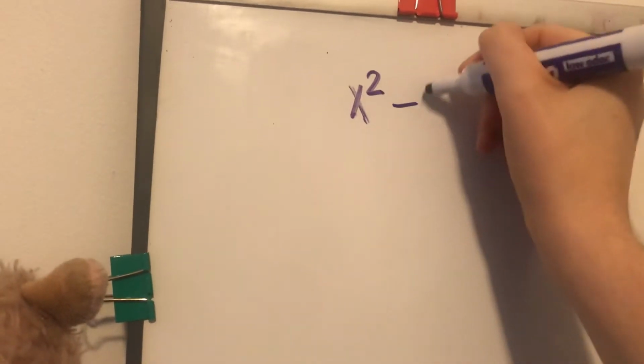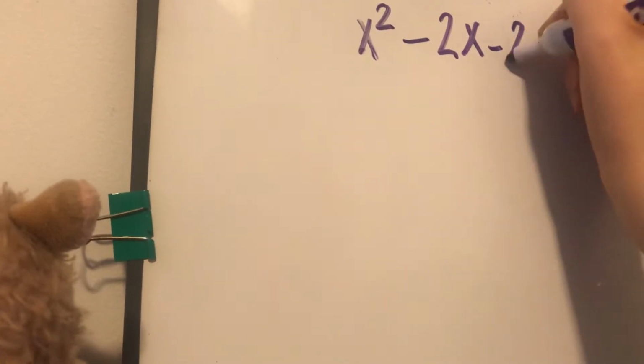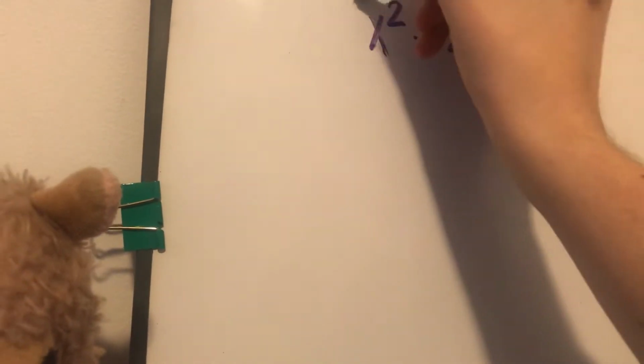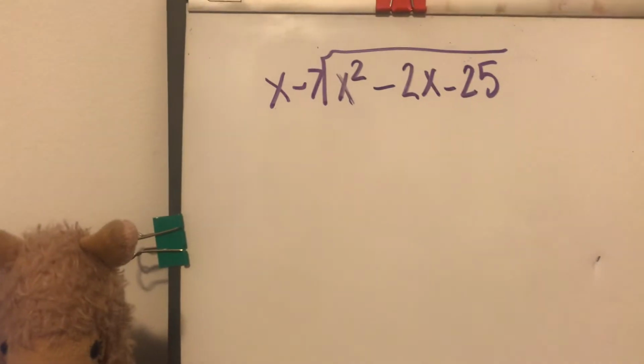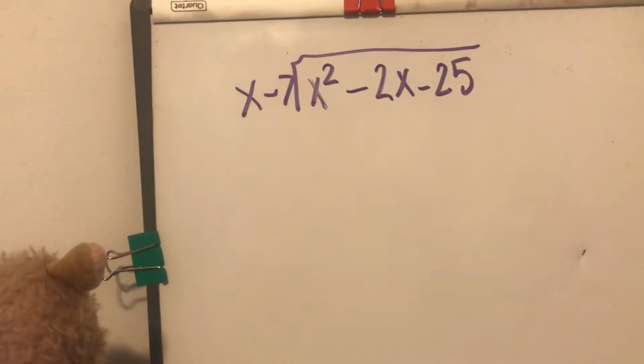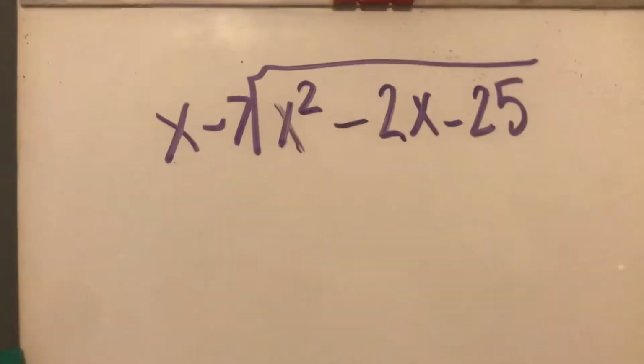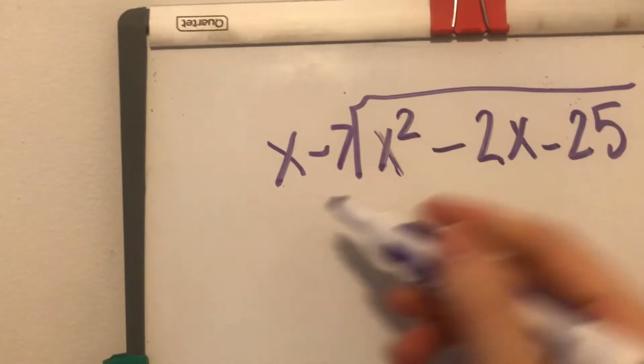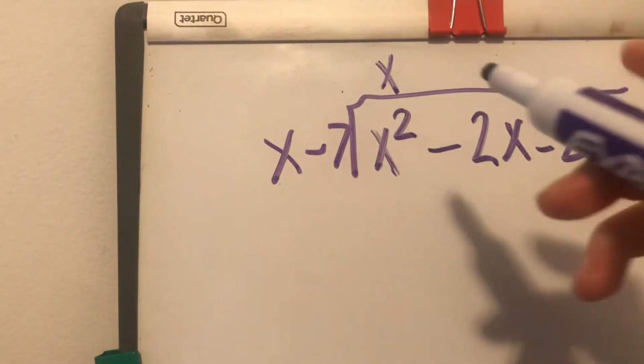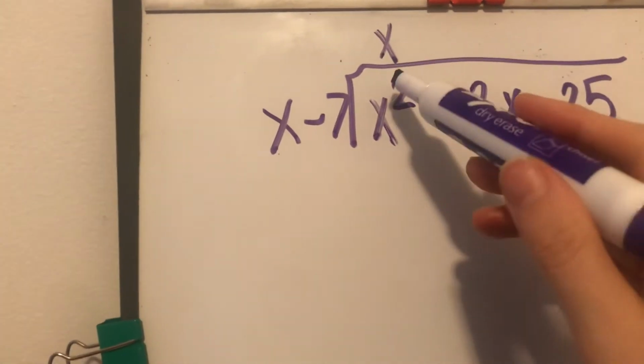Okay, so I have x squared minus 2x minus 25, and I'm dividing that by x minus 7. We should be long division champions at this point, not even pros. So I'm thinking, I need to multiply this x by an x in order to eliminate my x squared there.